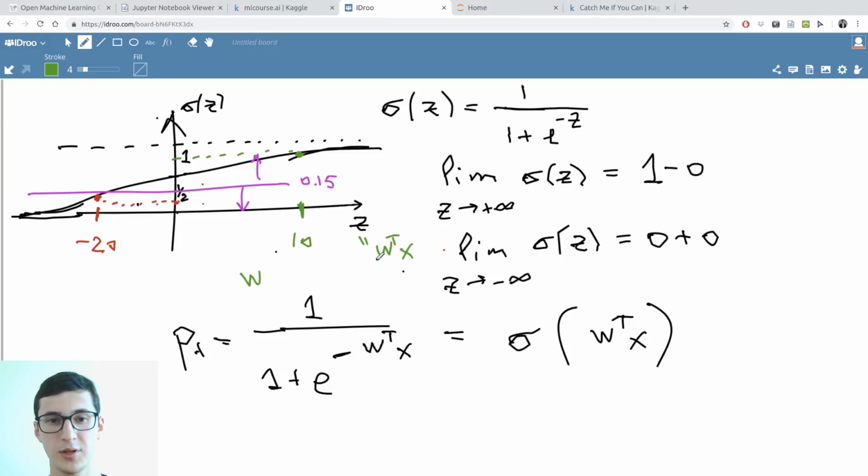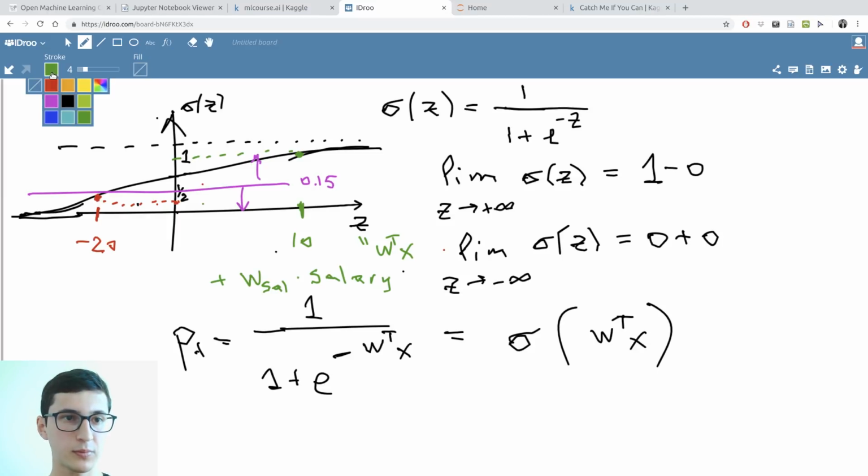So in this inner product, we'll have some term like w for salary multiplied by the feature salary. And if we have a rich client, let's say salary is equal to something large, let's say 10 to the power of 6, I don't know, boxes per year, or maybe 5 multiplied by 10 to the power of 6.